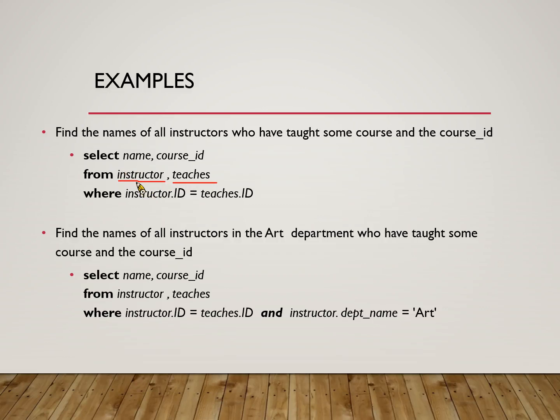So we can indicate the names of these two relations followed by from. And the attribute names we need are instructor name and course ID. So we can define these two attribute names followed by the keyword select.